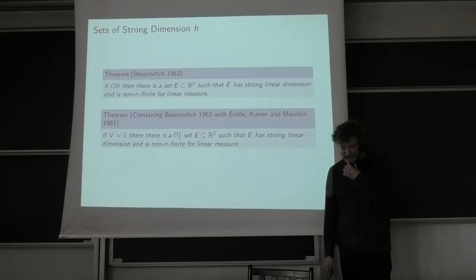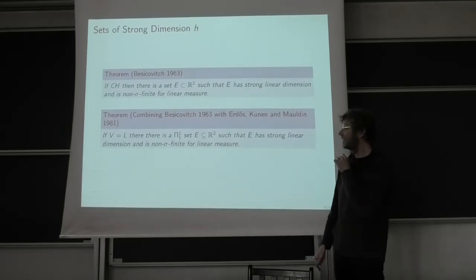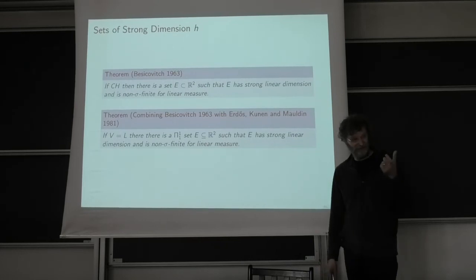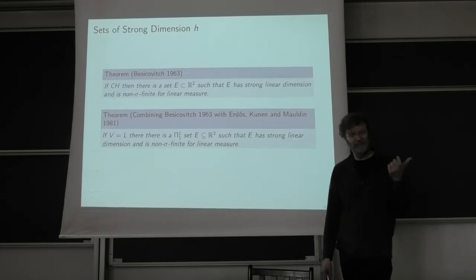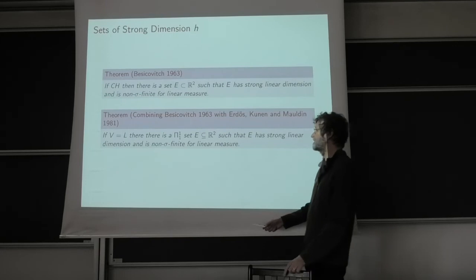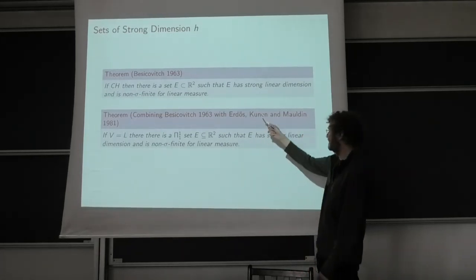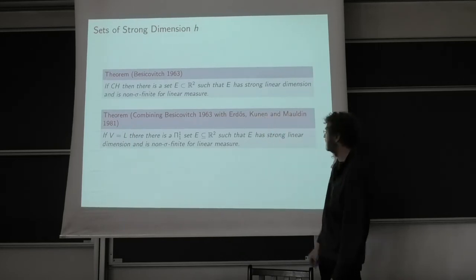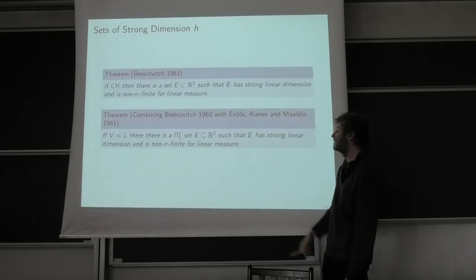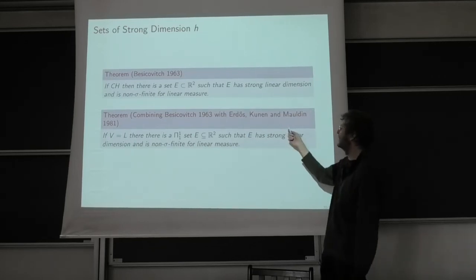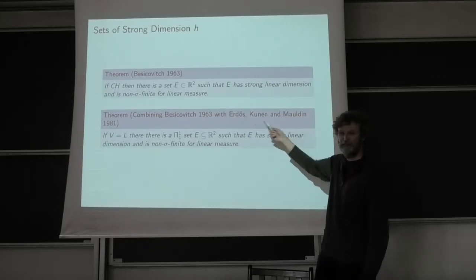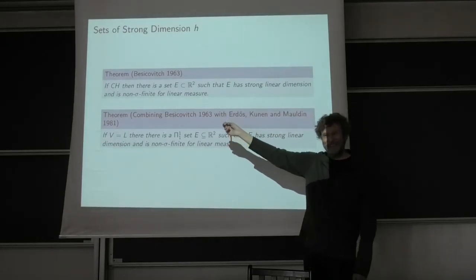Okay, and then in contrast, in another one of these situations, if you look inside L, I'm not the only one who ever thought about looking at what happens in L. There was some work by Erdos, Kunen, and Mauldin. Unfortunately, none of these people are co-authors of mine, so I don't get a small Erdos number out of this.